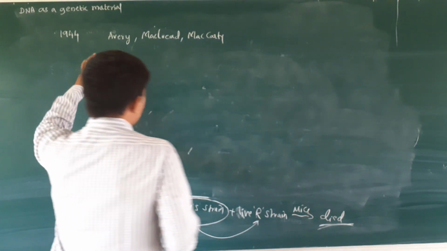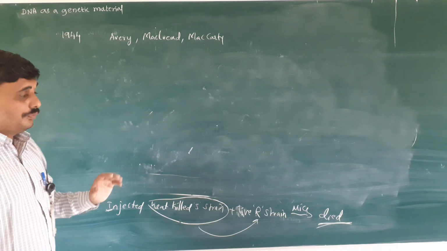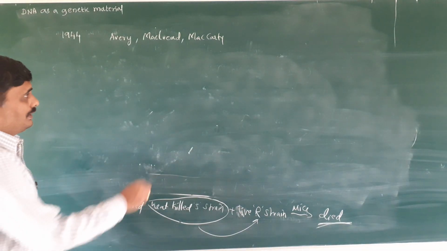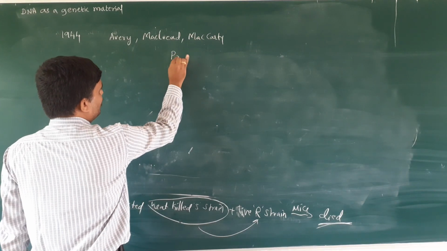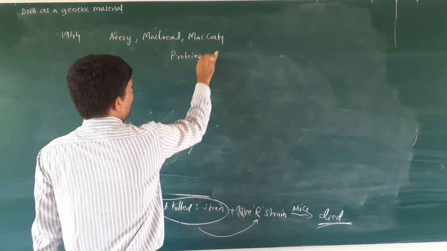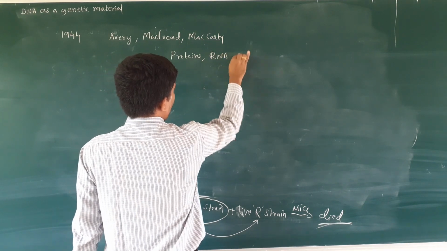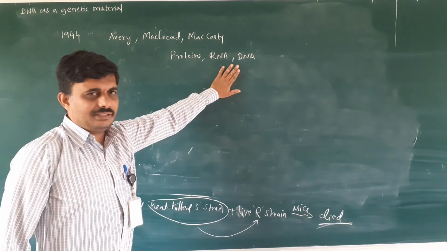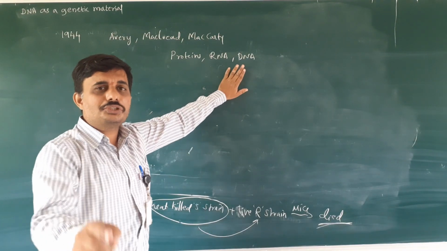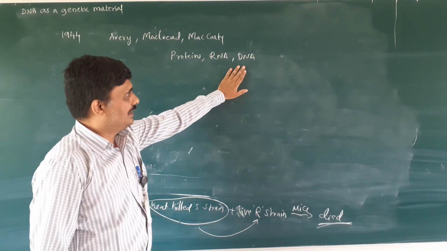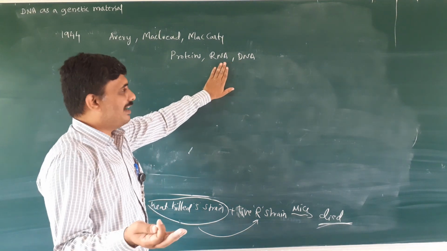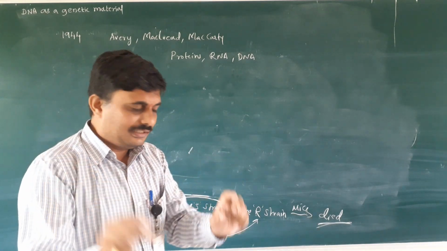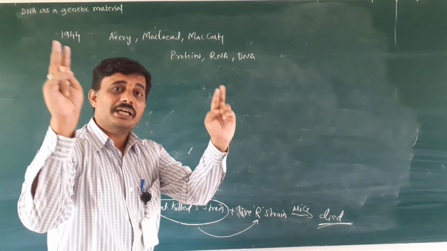There was confusion among three materials that could transfer from the heat-killed S strain to the R strain: proteins, RNA, and DNA. Among these, there was confusion about which one is the genetic material, DNA, RNA, or protein. The confusion started because Griffith said only some material.